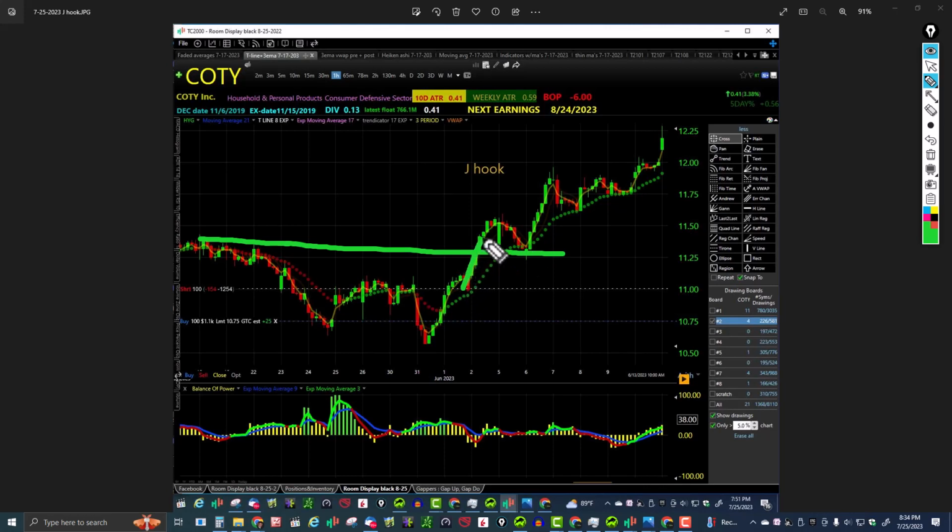As you come up through the resistance, you come back and test it for support. Minor support holds, and the J hook takes you higher. That's a J hook. And the way I like to play these is as soon as I retraced 51% of this pullback from here down to here, and I got a green candle, I'm in. That's how I like to play them.